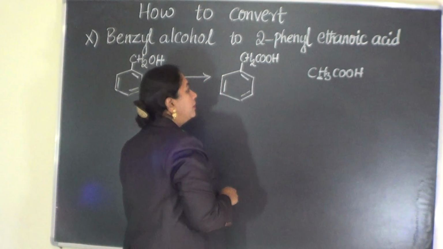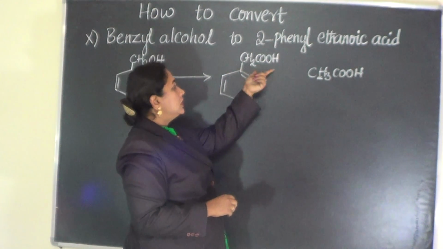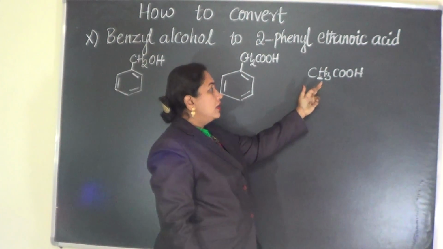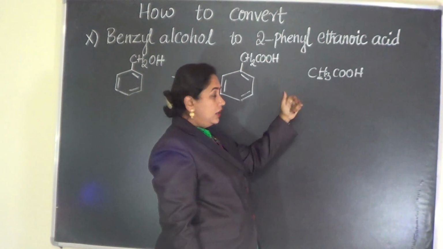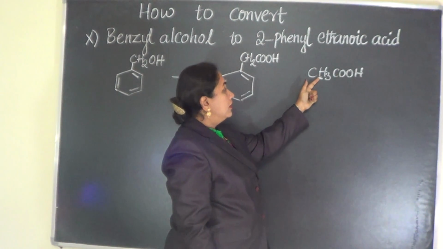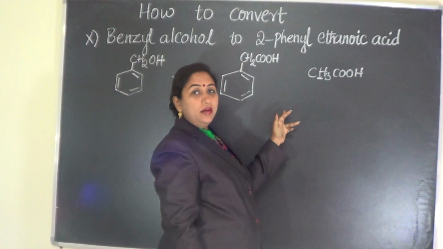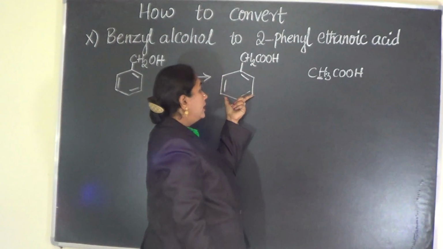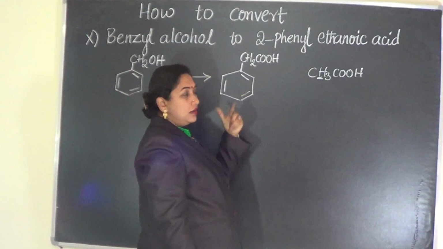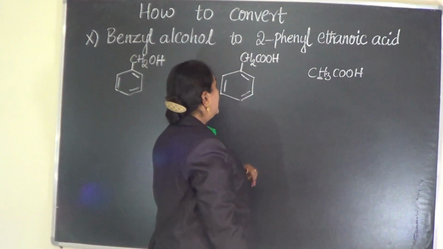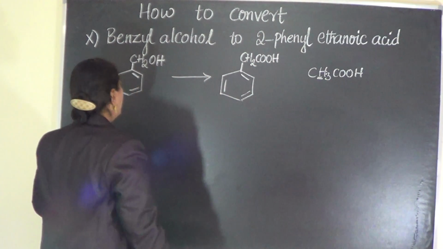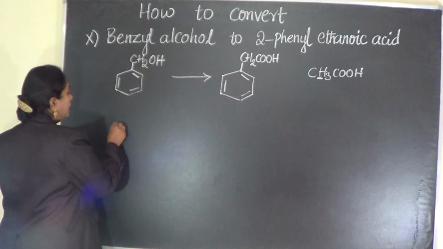Therefore the formula becomes C6H5CH2COOH. One hydrogen from the methyl group is being substituted, it is being replaced by the phenyl group, that is the benzene ring. Now let us see how we can bring about this conversion.